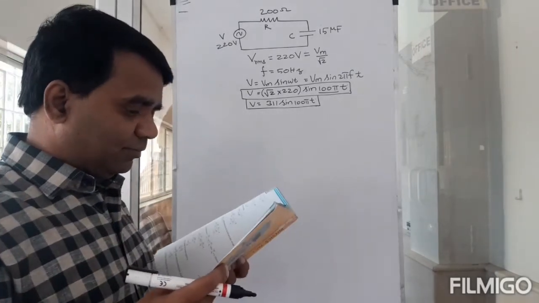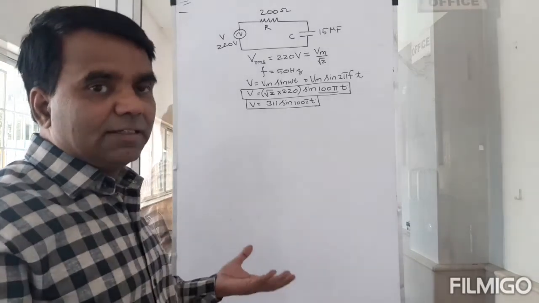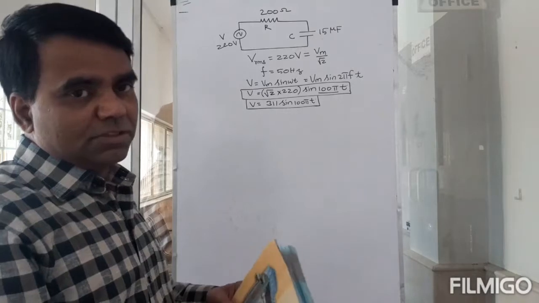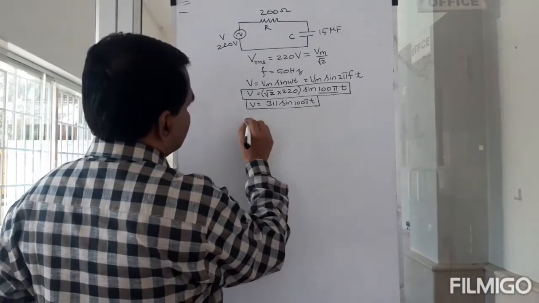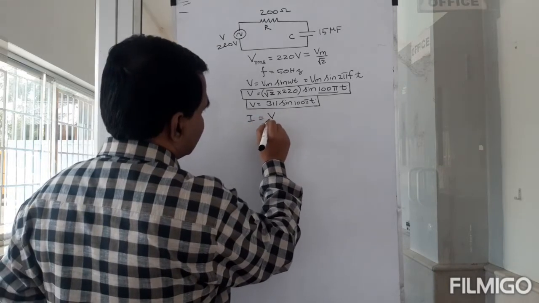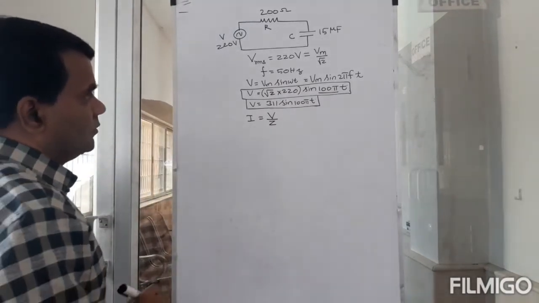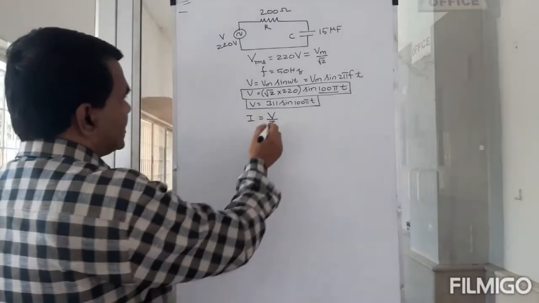What is asked here? Calculate the current in the circuit. You can calculate the RMS current. So what is the RMS current? I is equal to V by Z. What is Z now?